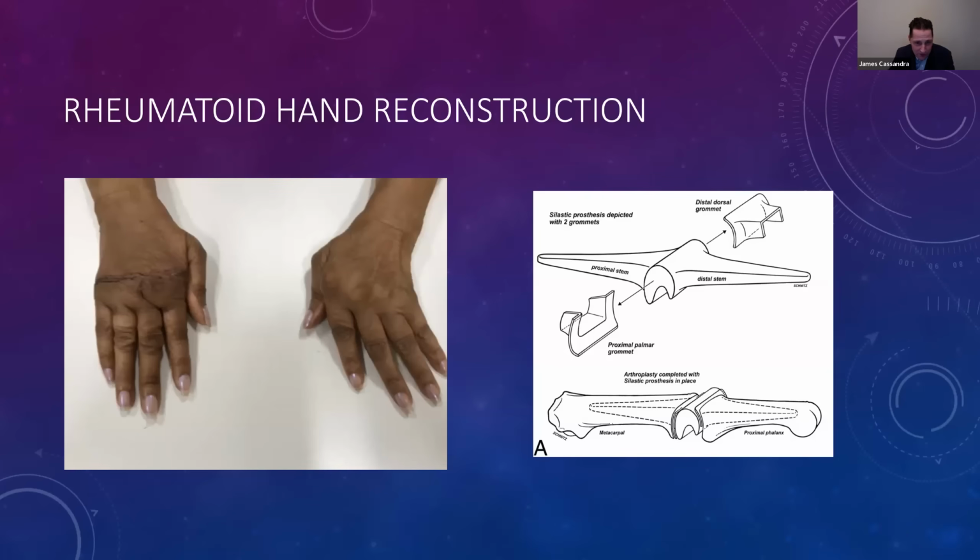The ulnar intrinsics are released, and the metacarpophalangeal joints of the index, long, ring, and small finger are usually replaced with some type of implant. A common one is like this one on the right side of the screen. It's called a Swanson silastic implant.